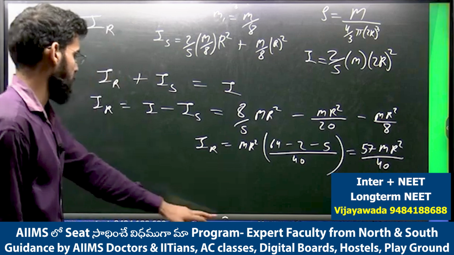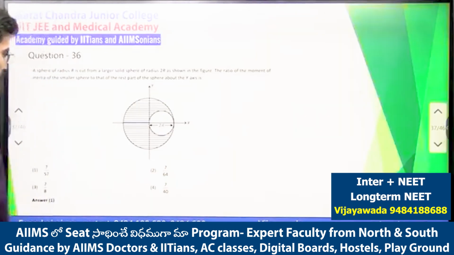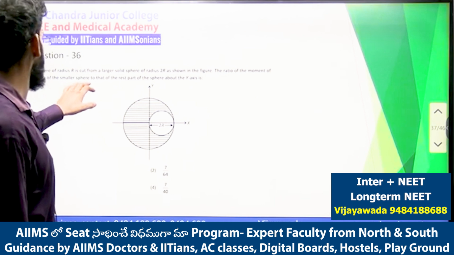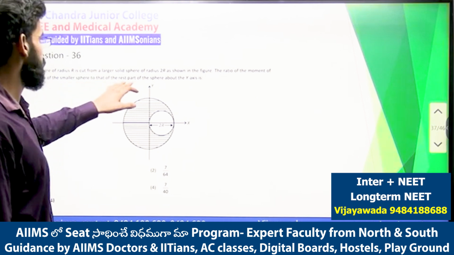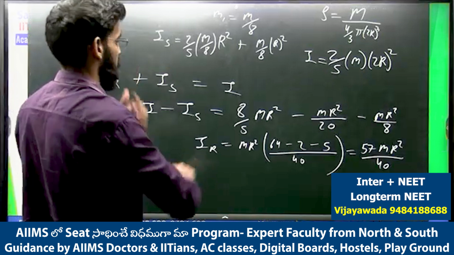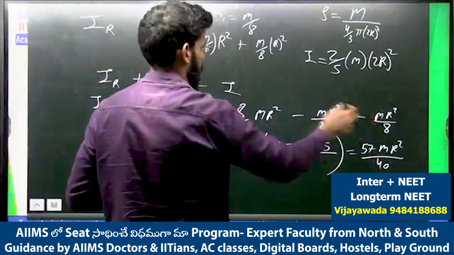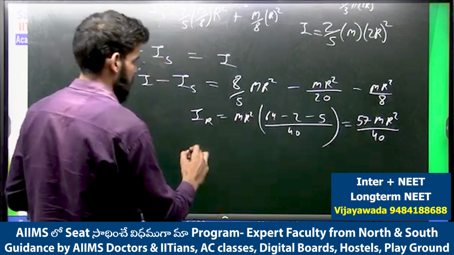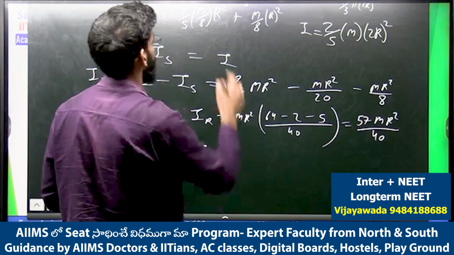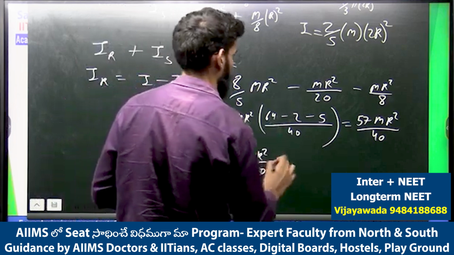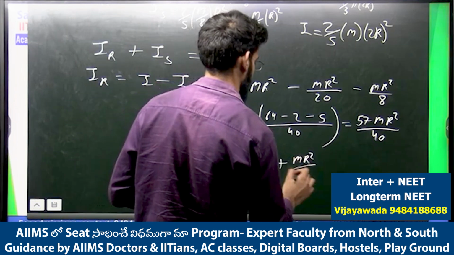Now what is he asking? He is asking the moment of inertia of the smaller sphere to that of the rest of the part. Smaller sphere means this thing. So IS also let's calculate separately. IS is what we calculated here, that is mr square by 20 plus mr square by 8.